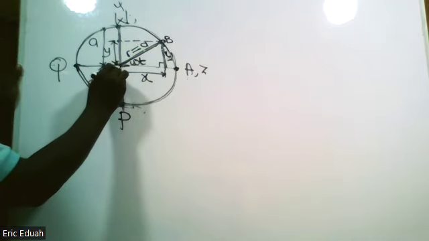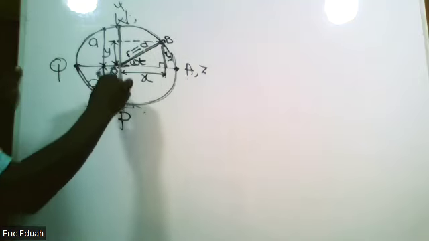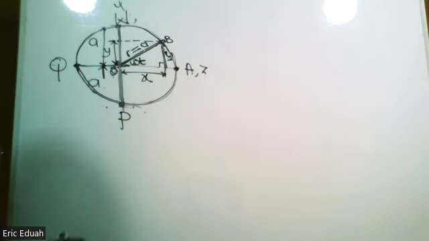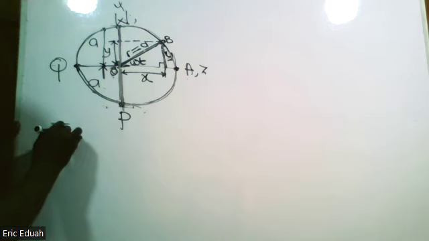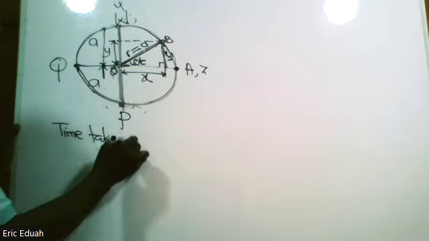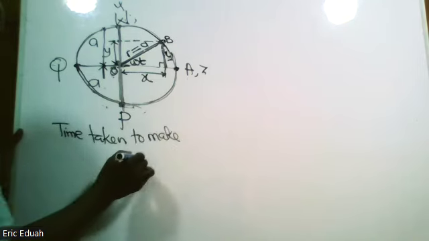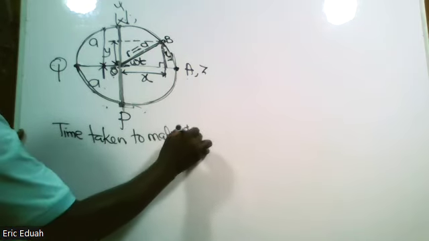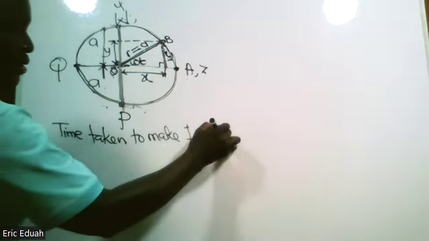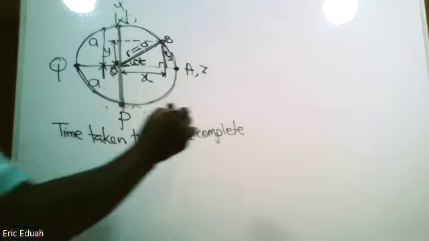When it moves from here to here, and then comes back, we have a complete cycle. And the time taken to make one complete cycle, what's the name given to it? Period. So capital T.